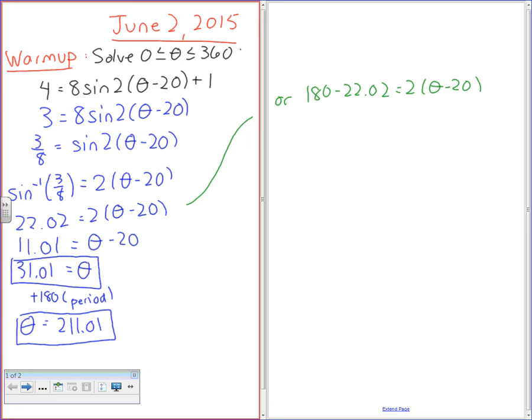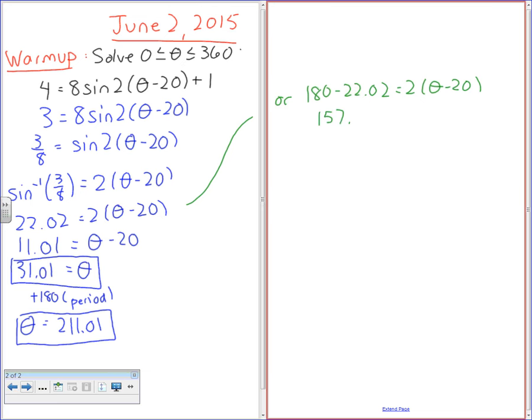Somebody new, please. Come on, play along. Oh, Tristan, wonderful. That's 157.97. Very good. Equals 2 theta minus 20. Okay, keep going. 78.98.